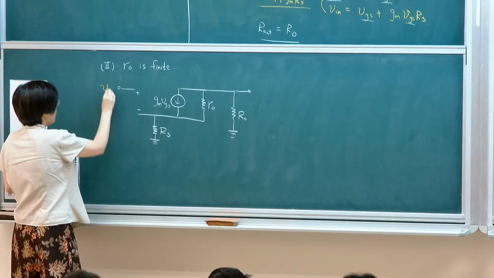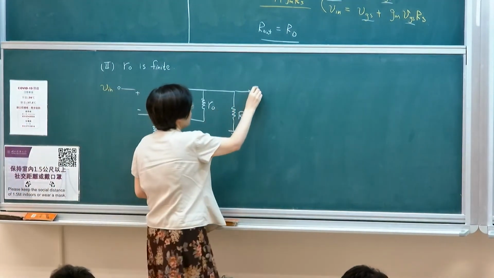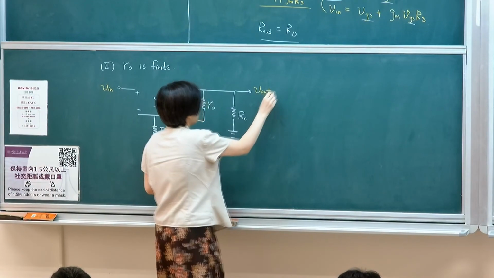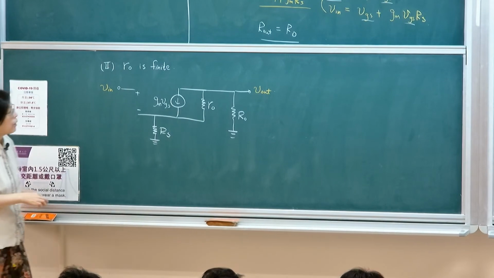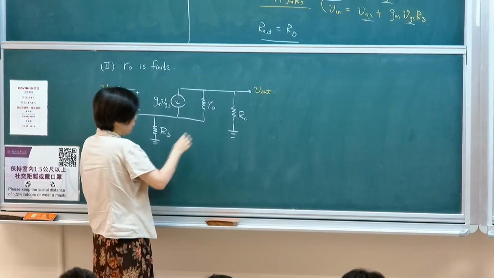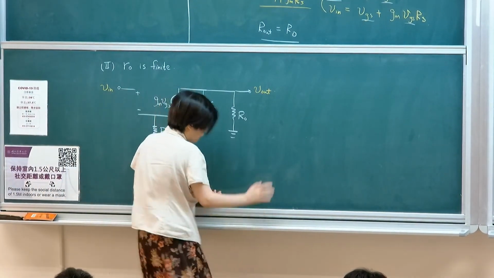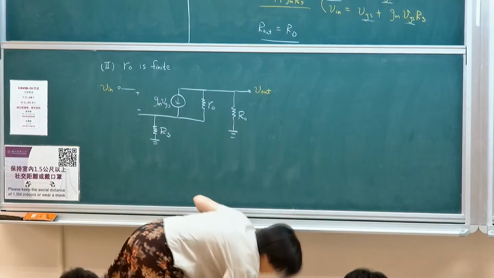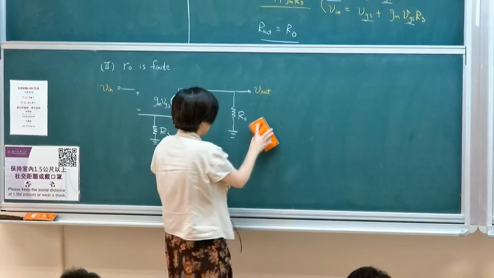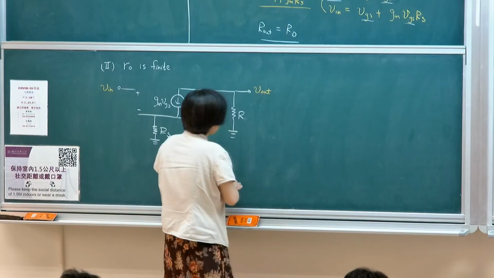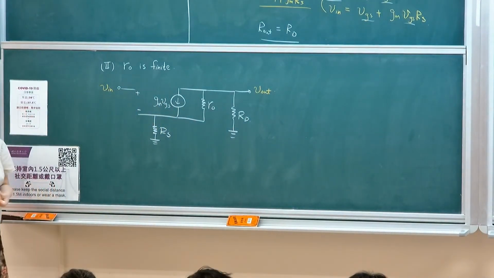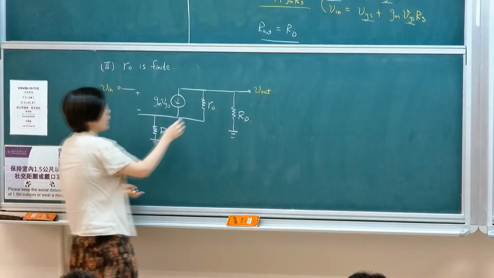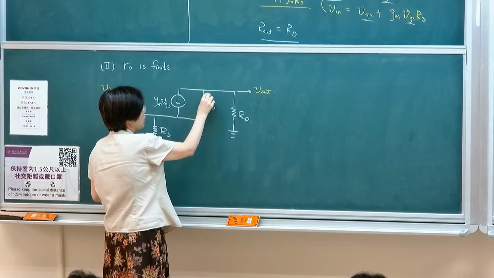So this will be my input terminal. This will then be my output terminal. So the way to address this is that we would then have something, there will be a current. So this is RD. The way to address this type of problem is you establish a difference between this current.